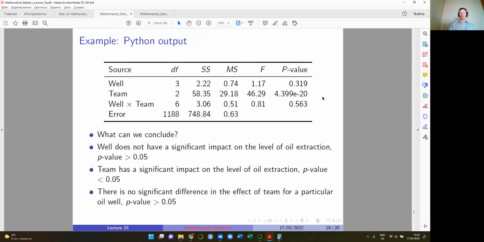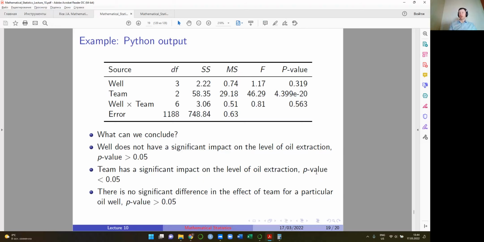And the interaction term also doesn't give us a significant effect, so we do not believe that a particular team works better on a particular technology. No evidence in favor of this hypothesis.